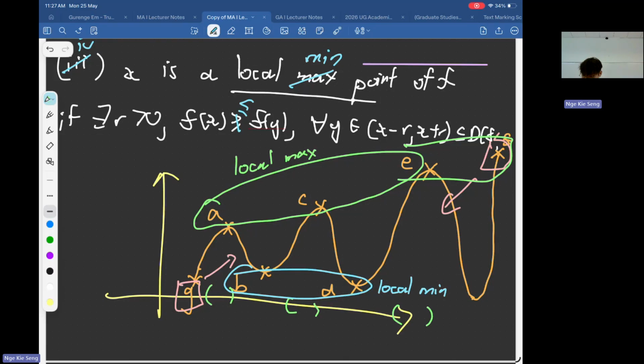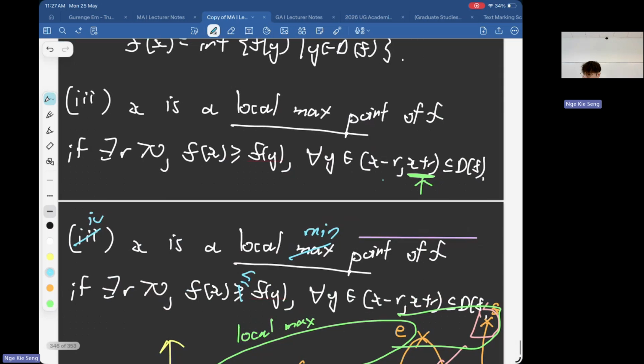Okay, maybe let me say why can we allow it. If you examine this definition here, the interval here. Let's say at the endpoint, maybe let's write this into x minus r to x union x to... should we include x?